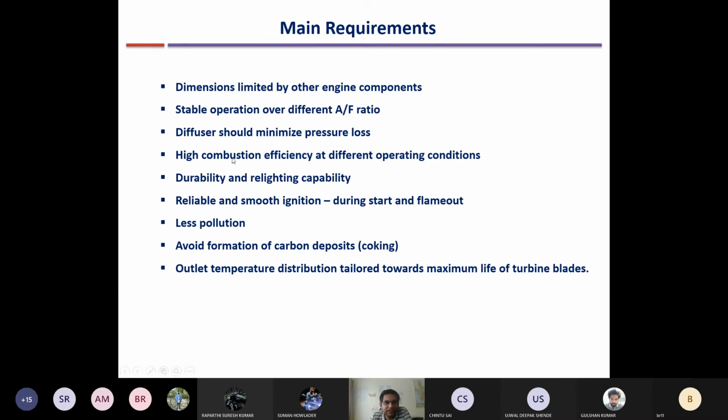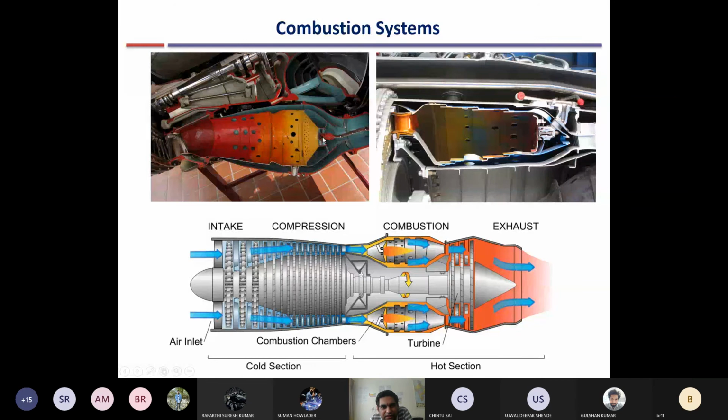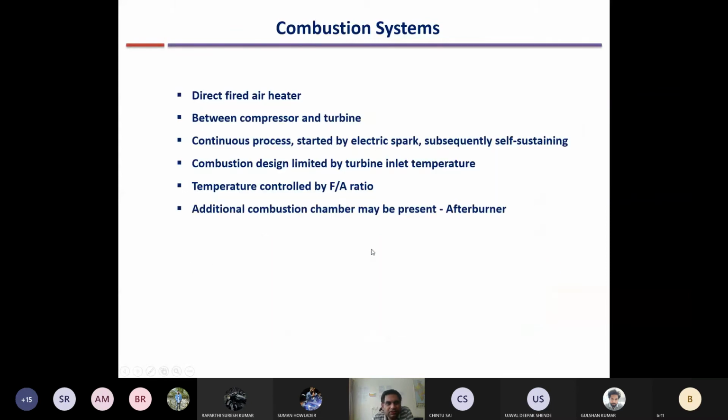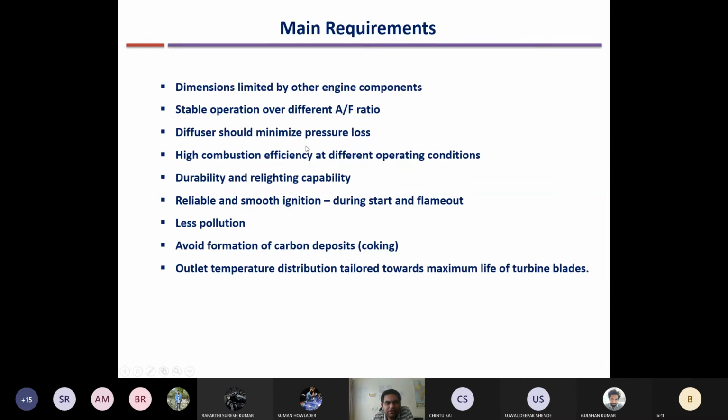Then there is a diffuser section in the combustion chamber. This is not the initial diffuser before the compressor. Say this is the inlet, from this side the inlet is occurring, so the flow velocity is reduced even further. It should not have too much pressure loss.